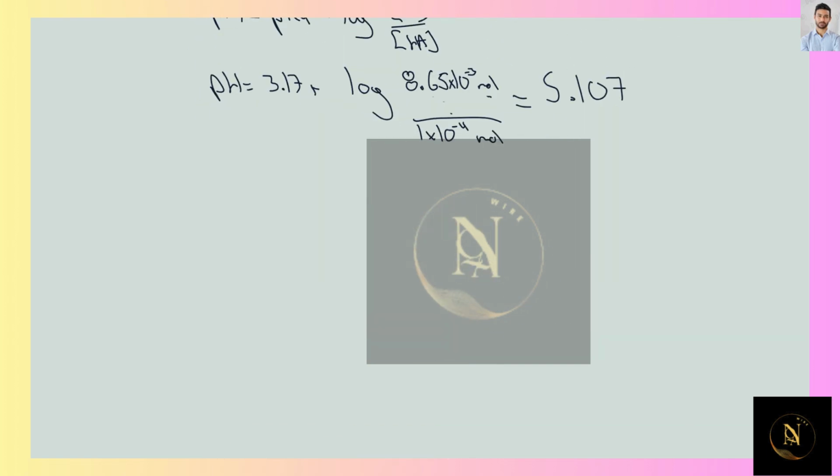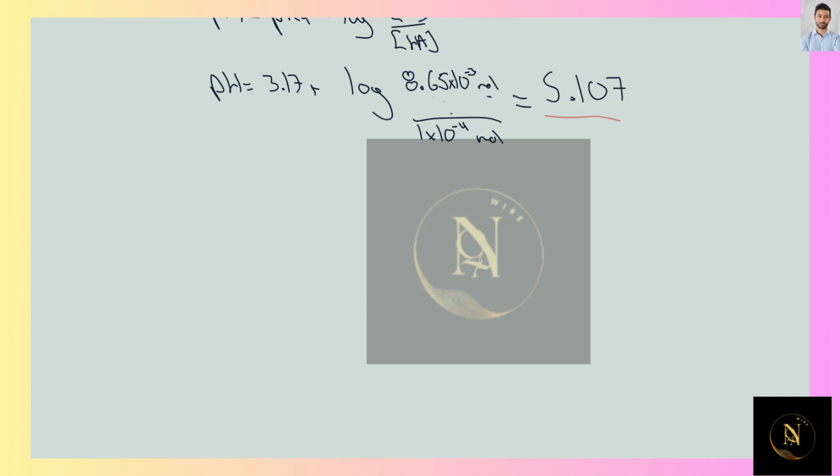And now we want to know what is going to be the pH at 0.5 milliliters after the equivalence point. After the equivalence point, the pH is going to be given by the excess of OH minus that we have added.